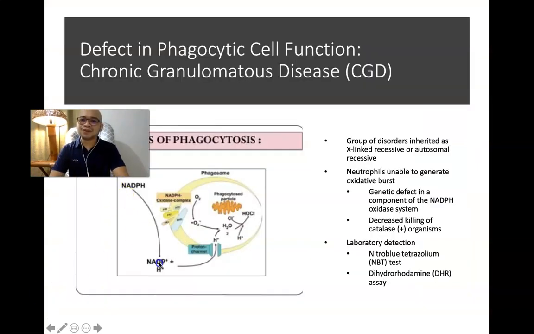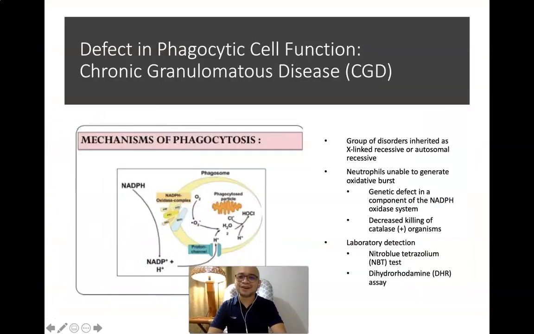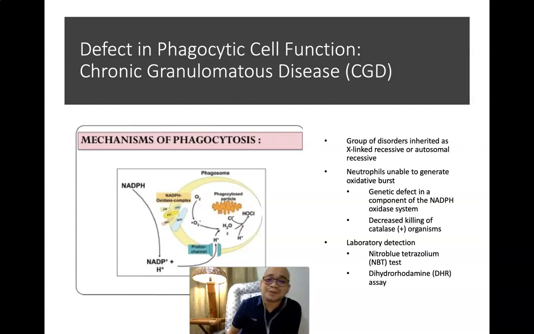We also have defects in phagocytic cell function. Here, CGD, or chronic granulomatous disease, is a group of disorders inherited as X-linked recessive or autosomal recessive.